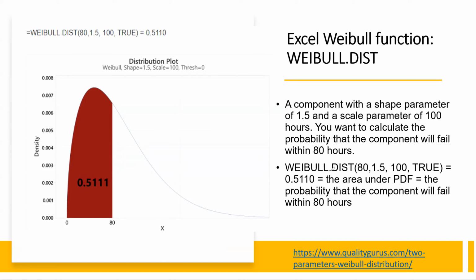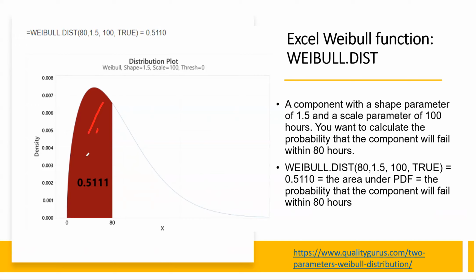So the Weibull.dist function gives you the area here. This is your probability density function. The integration of your probability density function is the probability. I hope I can make this clear to you. The probability density function is not probability.